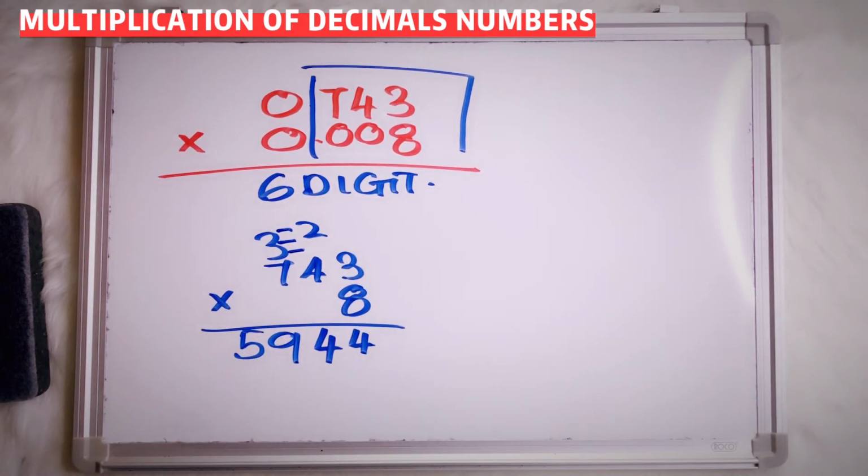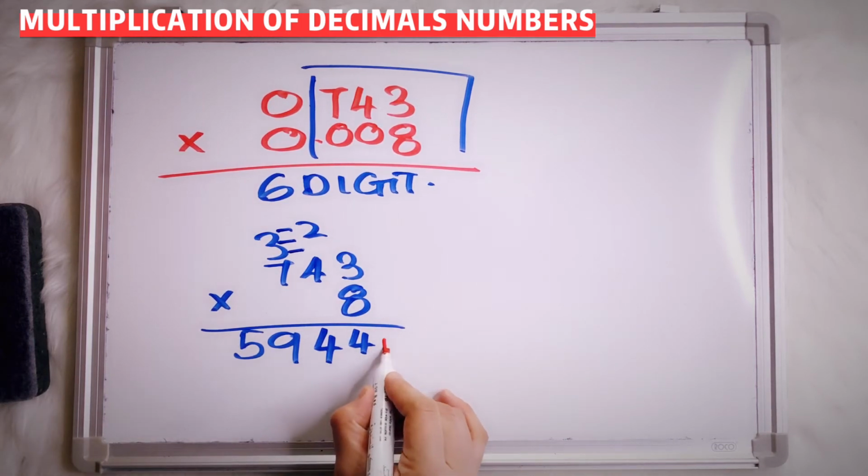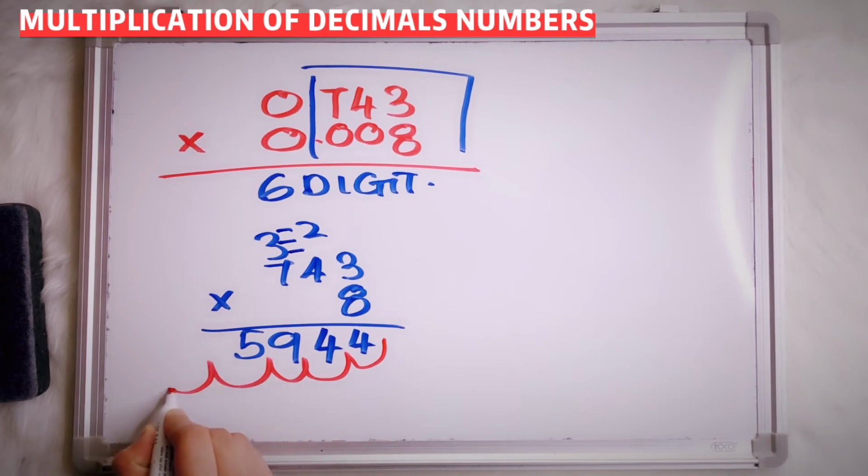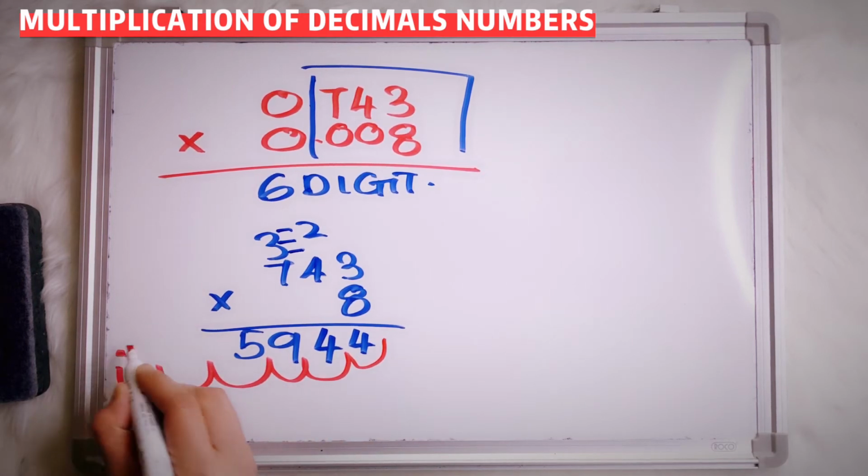So how many times do you have to move? Check. 6 digits we move, right? 1, 2, 3, 4, 5, 6.